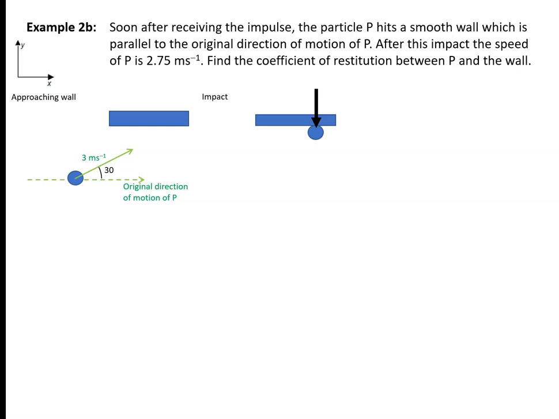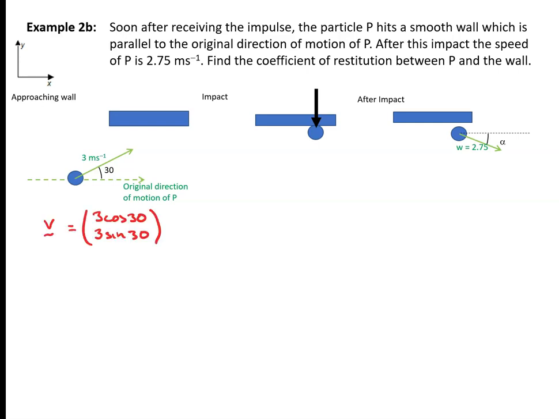And then afterwards we'll have it moving with speed 2.75 meters per second at an unknown angle, which at the moment we're going to call alpha. So our velocity v there we already know is (3 cos 30, 3 sin 30).